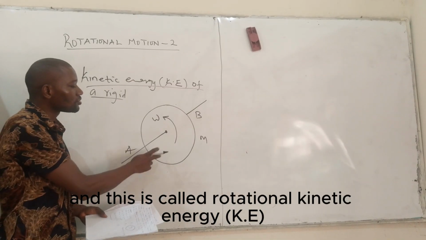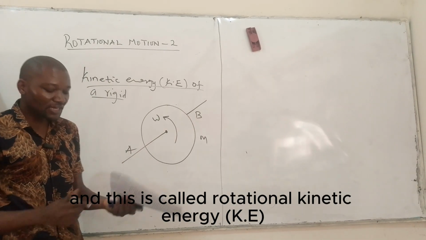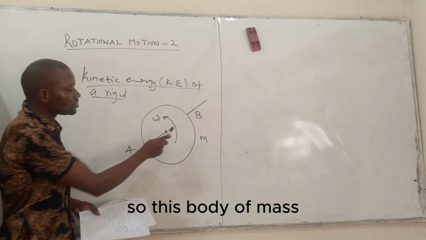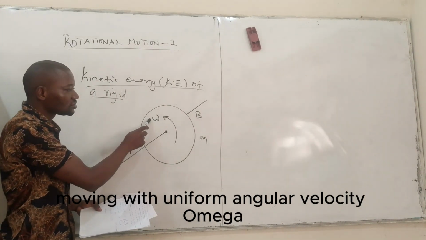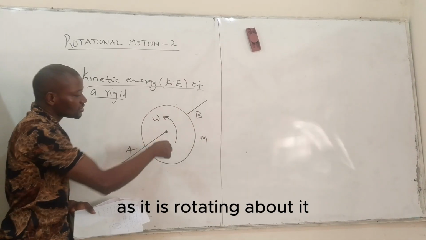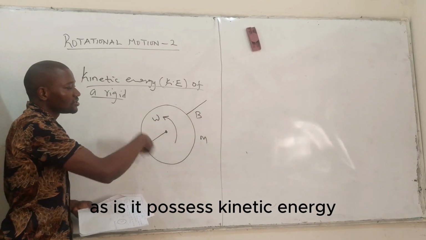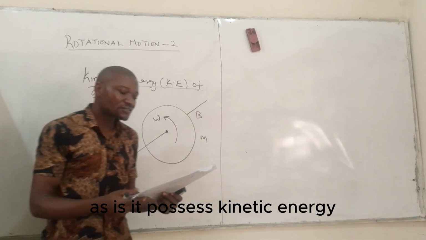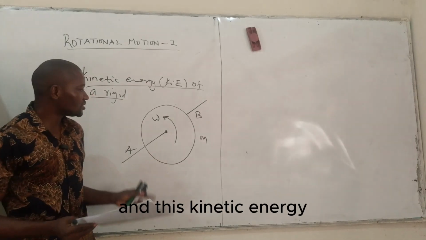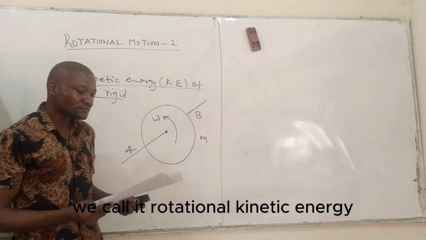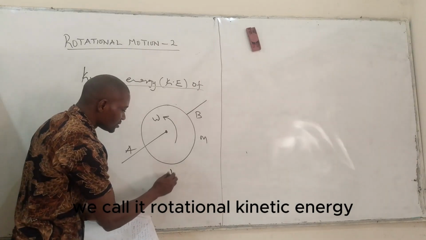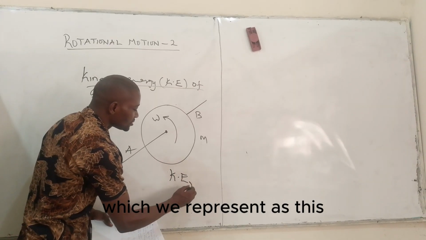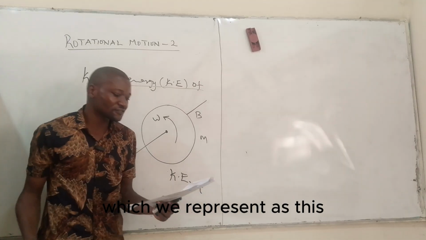This body of mass m moving with uniform angular velocity omega, as it is rotating about its axis, possesses kinetic energy, and we call it rotational kinetic energy, which we represent as this.